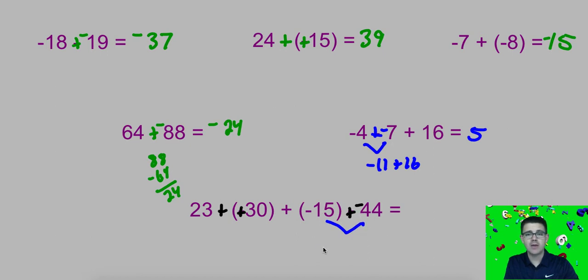Same signs, add them together and keep the signs. So I get negative 59. Here, same signs, add and keep. So I get 53. And then I add those two pieces together at the end. 53 plus negative 59. The negatives are bigger, so it's going to stay negative. 59 minus 53 is 6. And there you go. Hopefully that makes sense with subtracting integers.